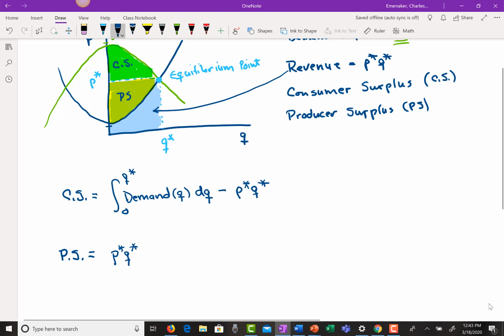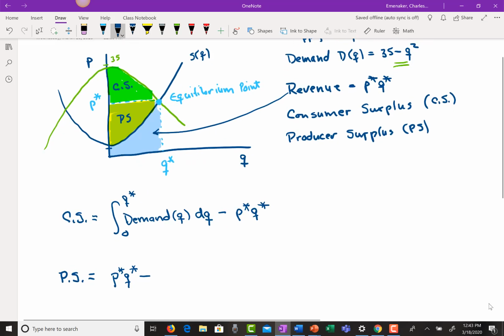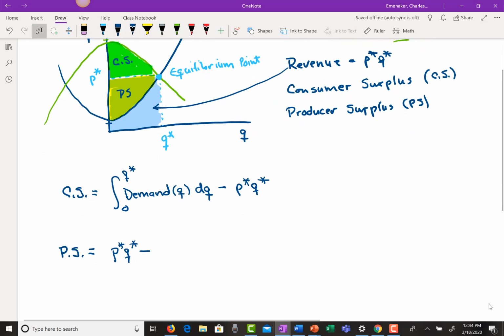And then we're going to take away the blue shaded area underneath, which is the supply. So we're going to subtract from 0 to Q star our supply function, dq.